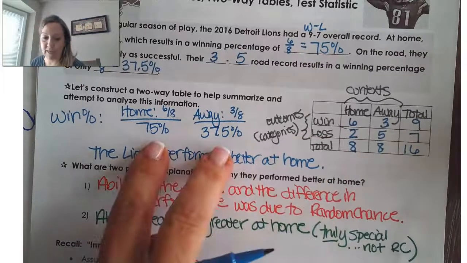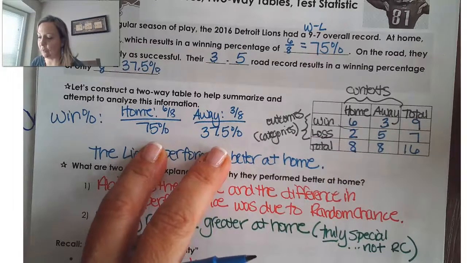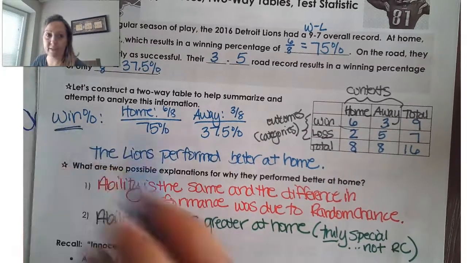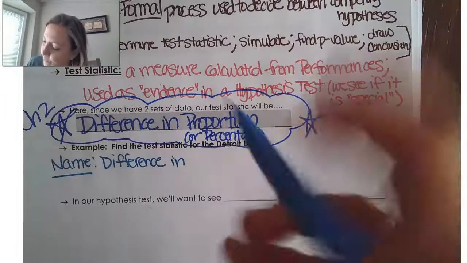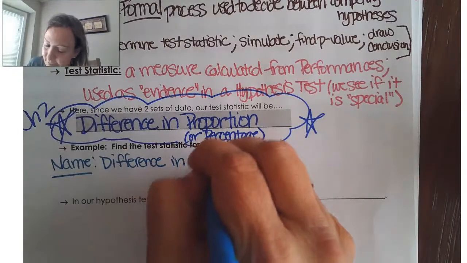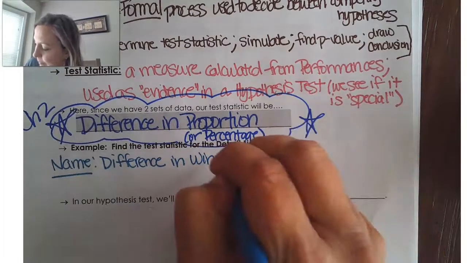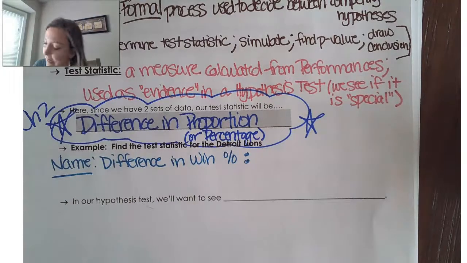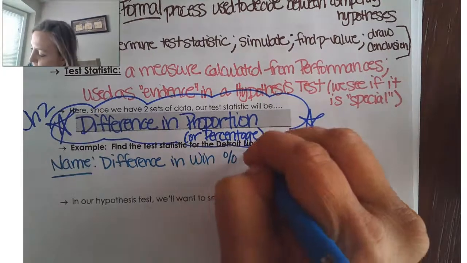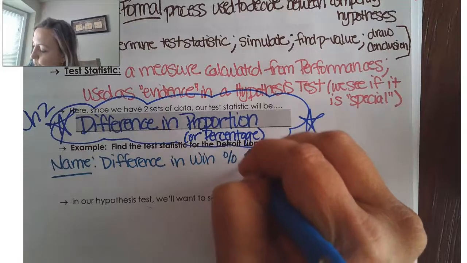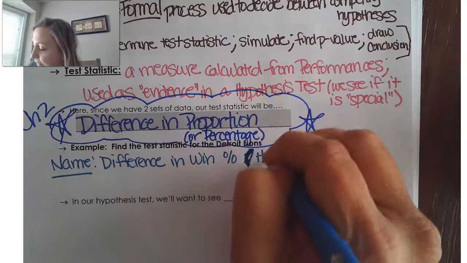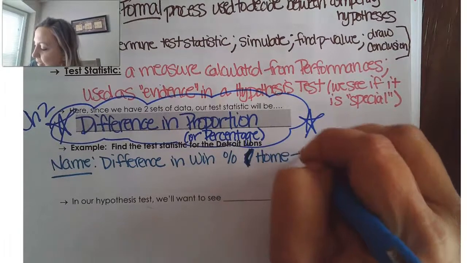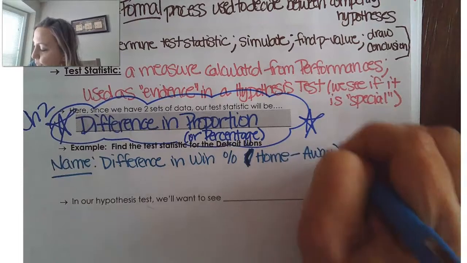We have these percentages here, and what we're looking at is their win percentage. So we're going to say the difference in win percentage. I'll even put percentage instead of proportion. It's fine. And I want us to specifically say what we're comparing.